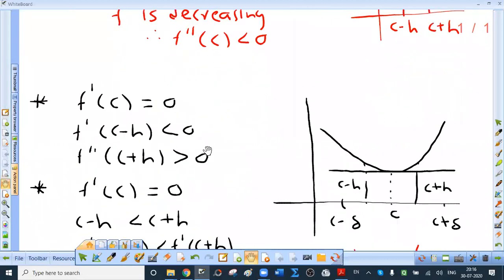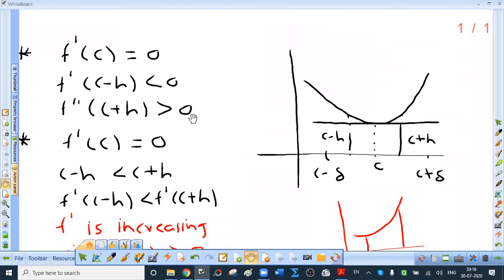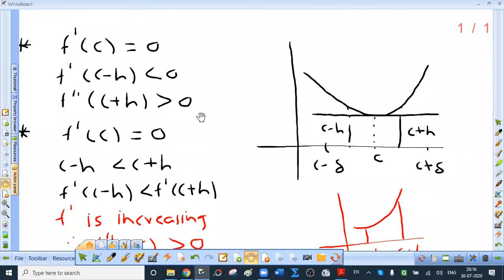Now you can observe that in this case, in the neighborhood of c, the function has a minimum value. See, I'm using the word local minimum. I'm not saying the least value of the function, because I have not drawn the graph of the function over the complete domain.